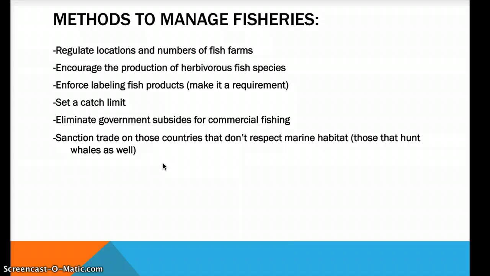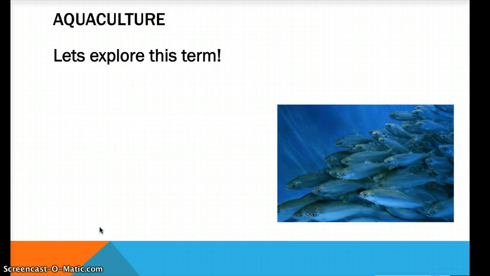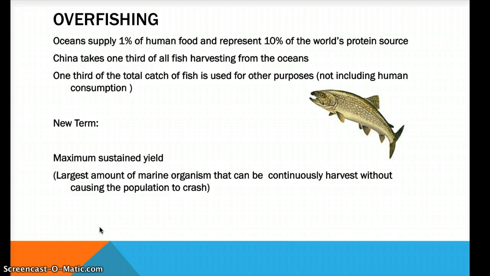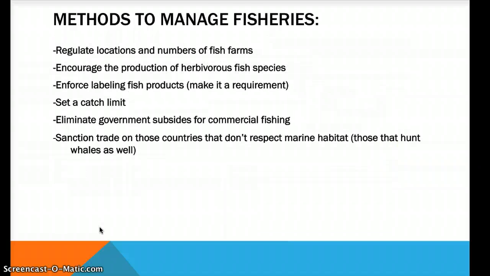Now we have the methods to manage fisheries, and fisheries, like I was saying, are places where fish are used for commercial purposes. Excuse me. And now we have the methods to manage these.